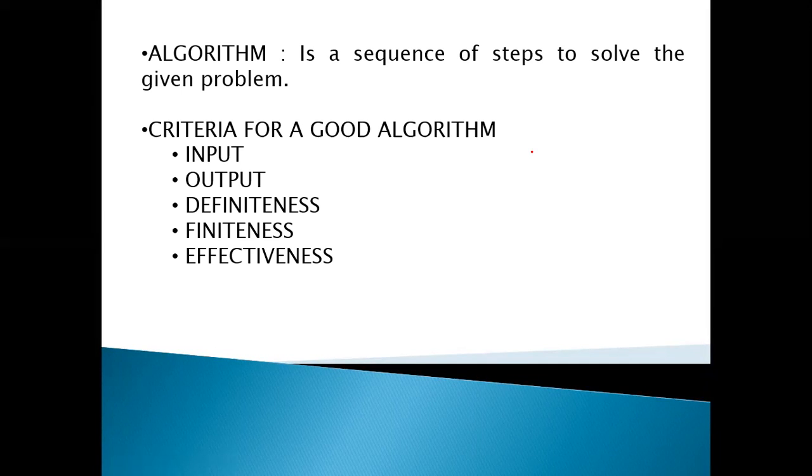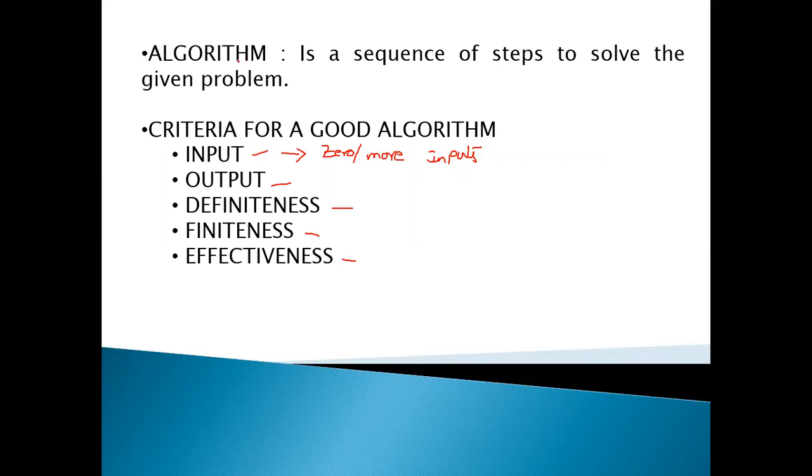The criteria for a good algorithm are: how to specify an input, output, and what is meant by definiteness, finiteness, and effectiveness. Each and every problem will have zero or more inputs that should be supplied from an external source. That means the user or some other automatic inputs will be supplied to an algorithm.